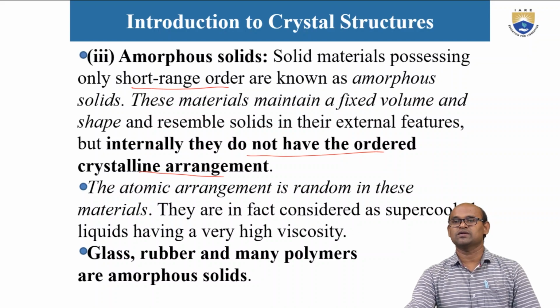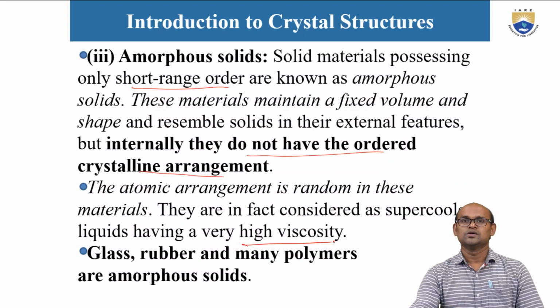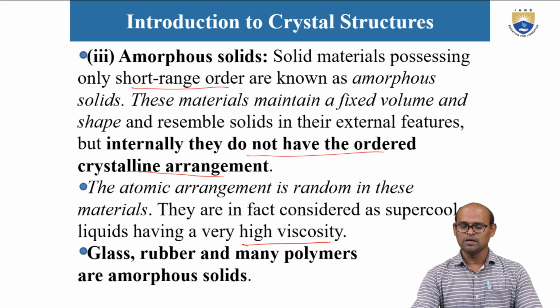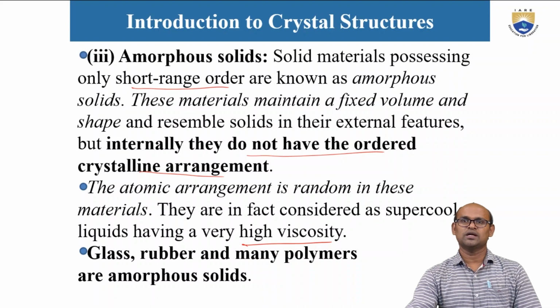They are in fact considered as supercooled liquids having a very high viscosity. So amorphous solids do not have long range order. They can have short range order, which means only for very small distances the atoms are arranged regularly. But if you look at the overall, there is no order.